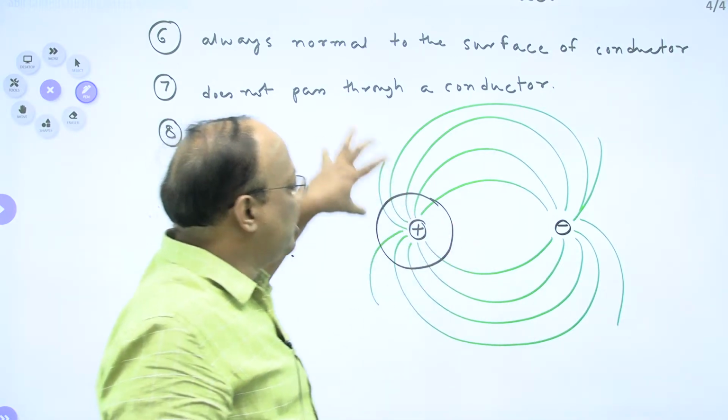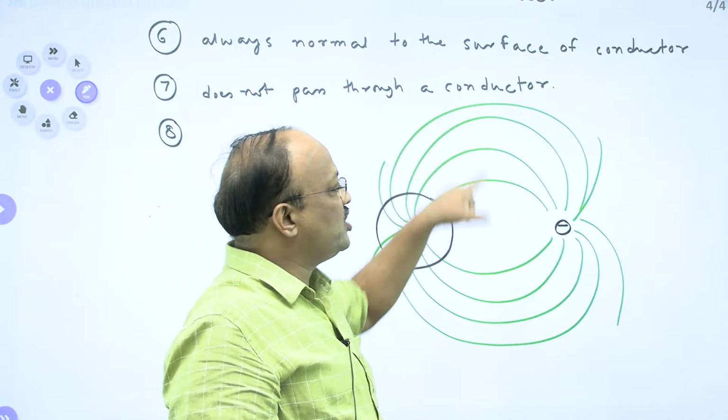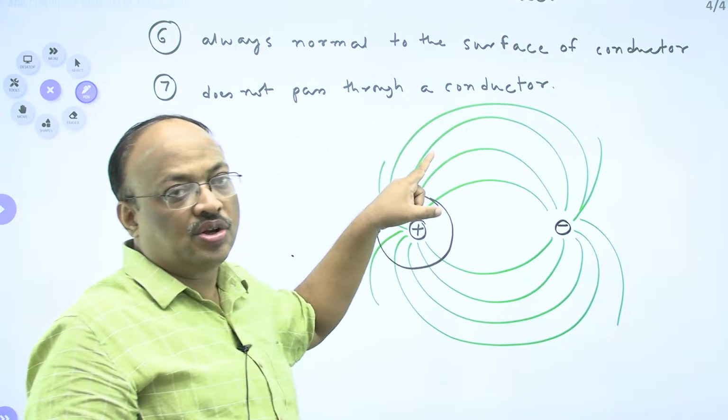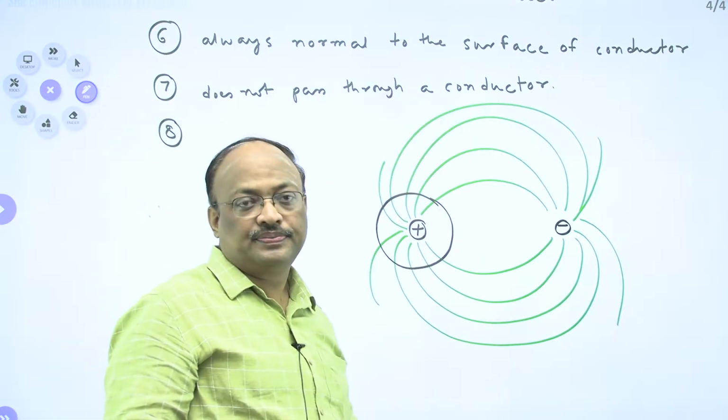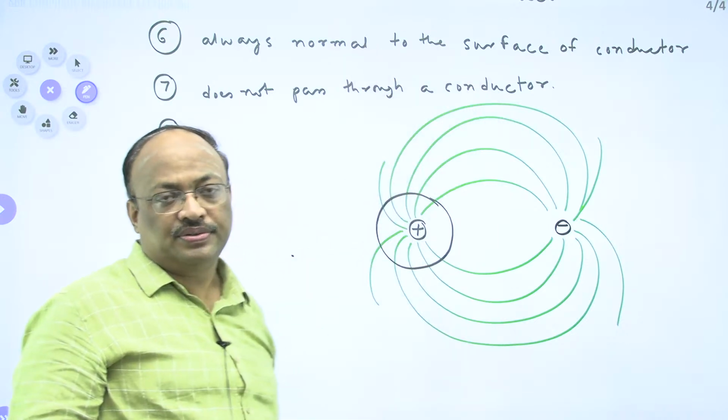The density of the electric lines of force is more here and less there. More dense here, less dense here.